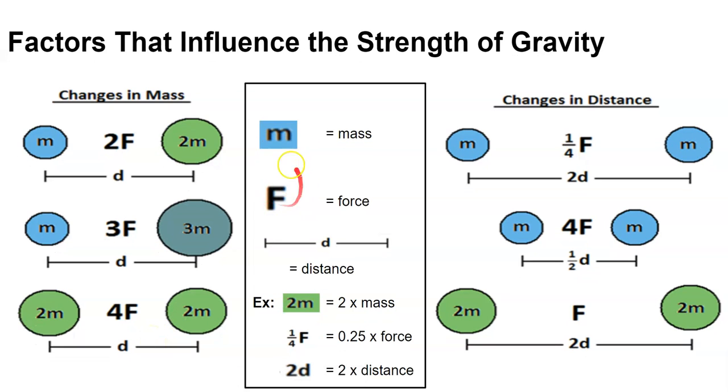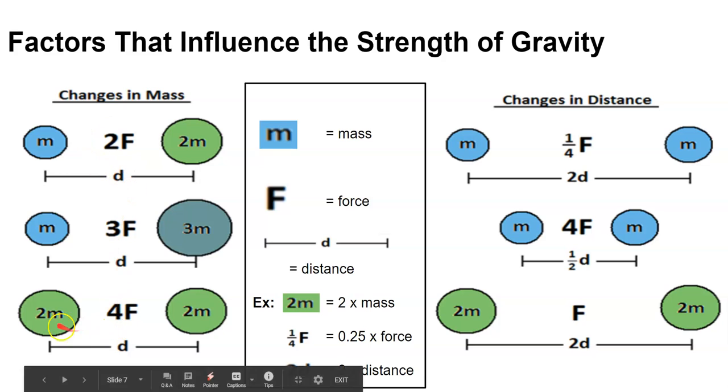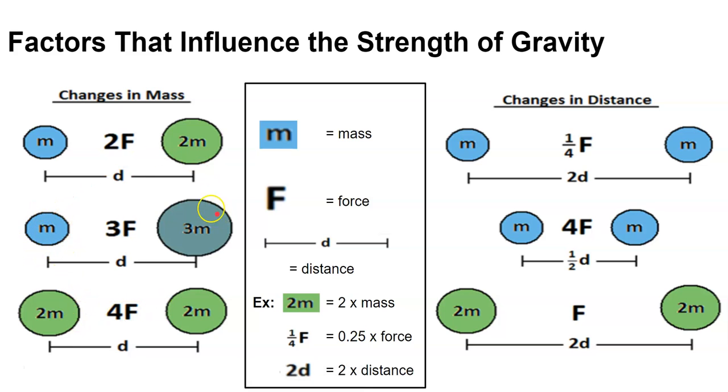The m is mass, the F is force, d is distance. So when we keep distance the same, whatever we do to the mass also happens to the force. So if we quadruple the mass, whether on the left and right side together, or if we go from 1m to 3m, we're still tripling the force. All right.